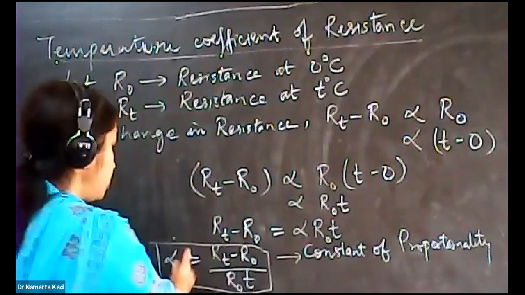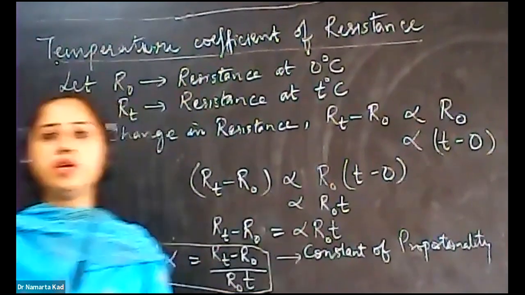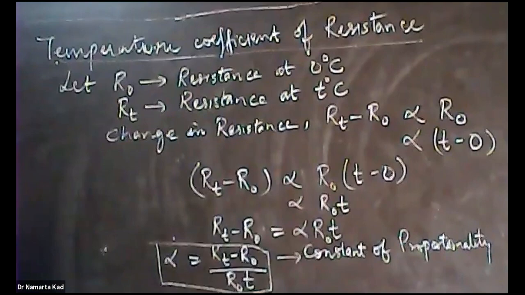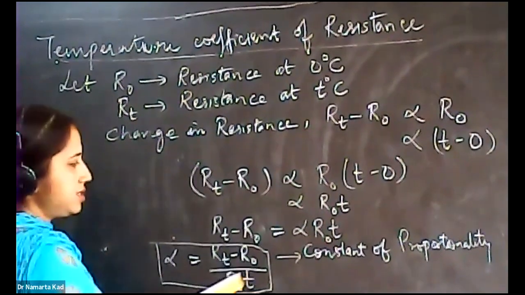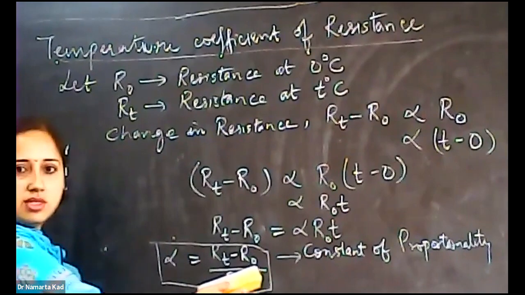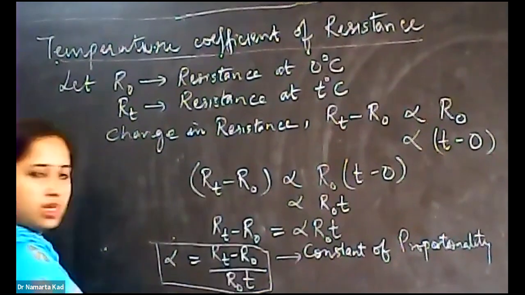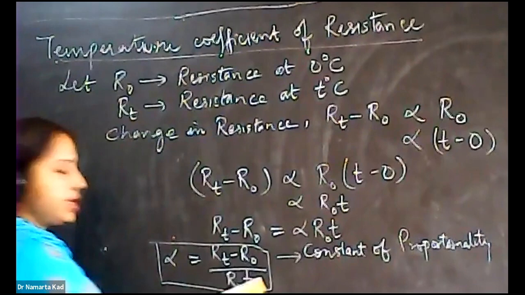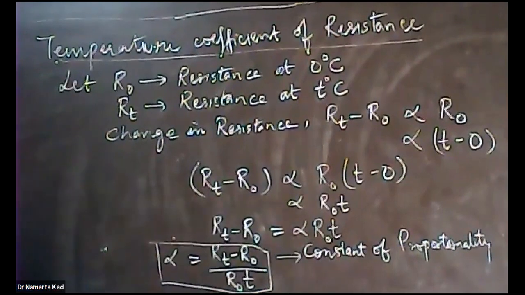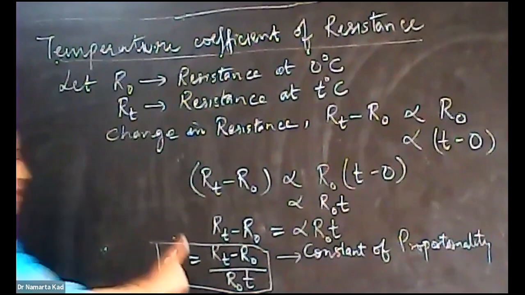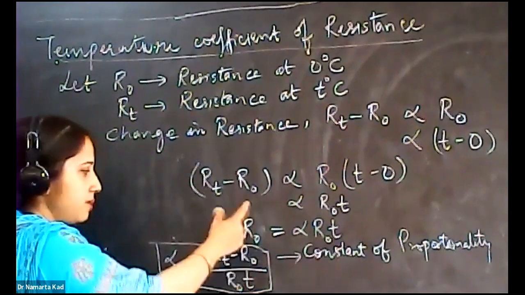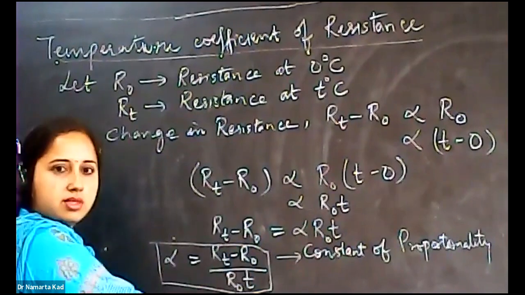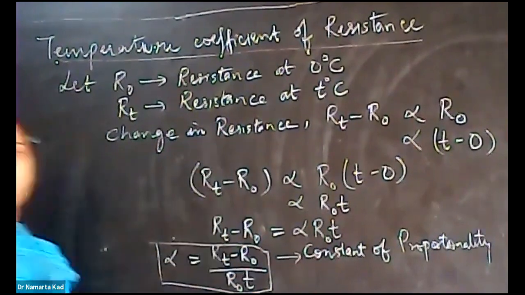Okay, so this alpha is called the temperature coefficient of resistance, and its definition can be written as, it is defined as the change in resistance per unit original resistance per degree rise in temperature. Okay, I am again repeating the definition. The definition for alpha comes out to be the change in resistance per unit original resistance per degree rise in temperature.